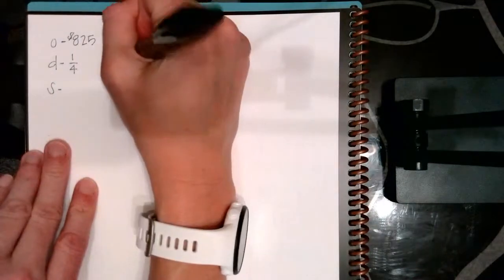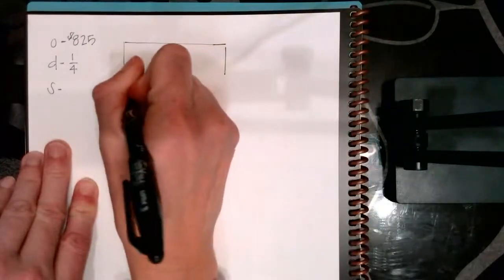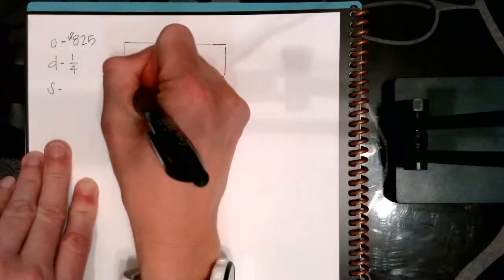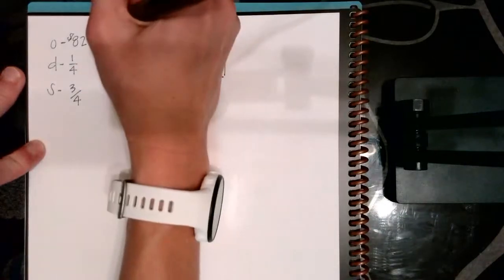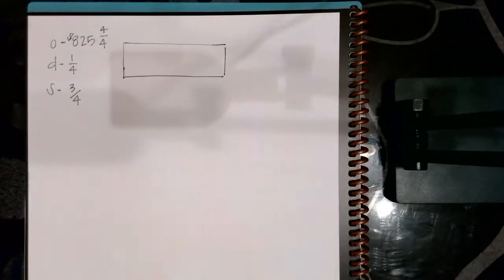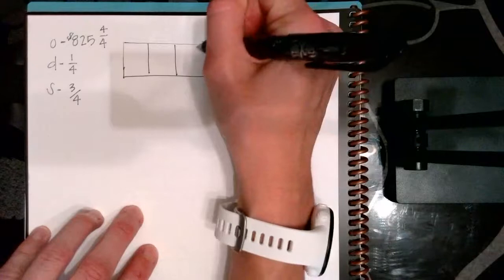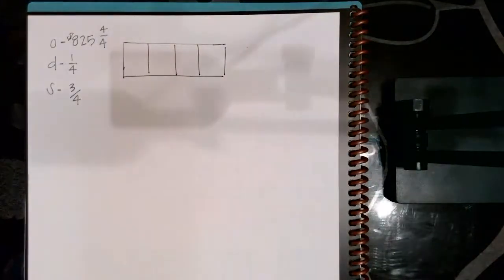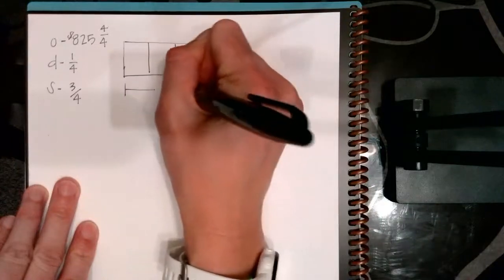So I'm going to go ahead and draw my tape diagram. And I'm going to split it into fourths because my discount is 1/4. My sale will be 3/4 of the original, and the original is 4/4. So I'm going to go ahead and divide my box into 4 pieces. I know the original price was $825.